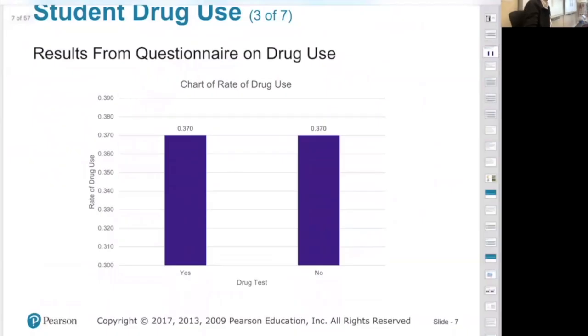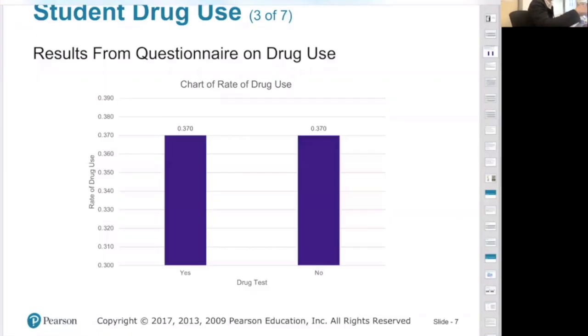So what that means, regardless of whether the school does the test or not, we have the same percentage of drug use. So there is no association between the drug test and the drug use.